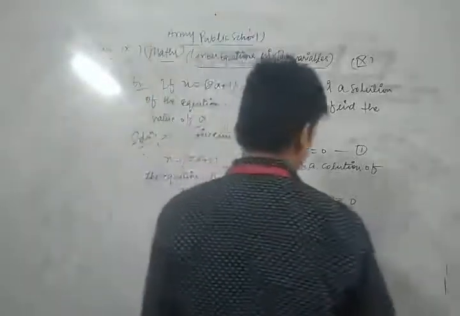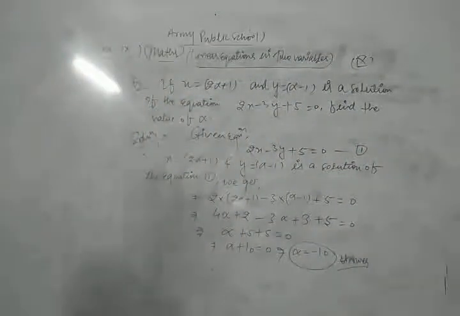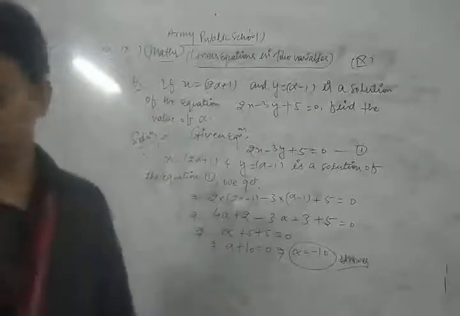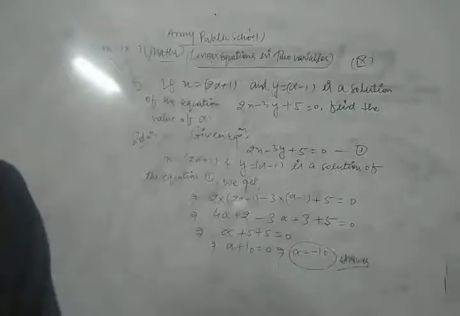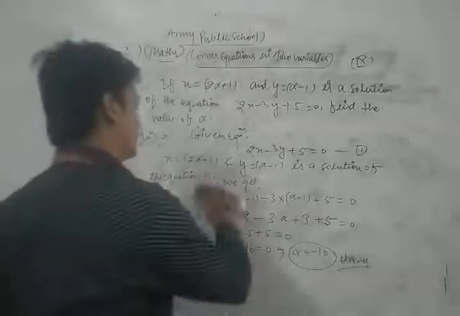This is the required solution of the given question. Okay, so please, dear students, do more and more practice of this type of questions. Now we take and solve some other important questions based on the same topic. Let's see, dear students.